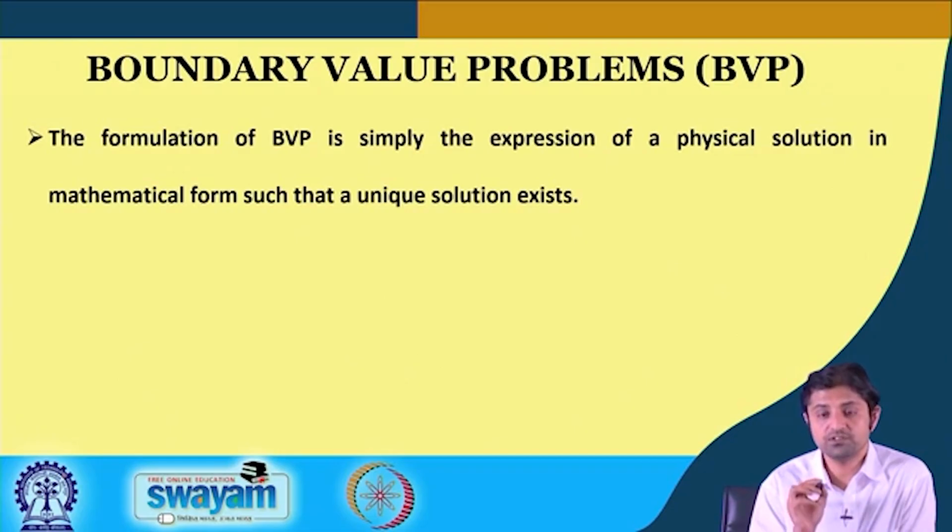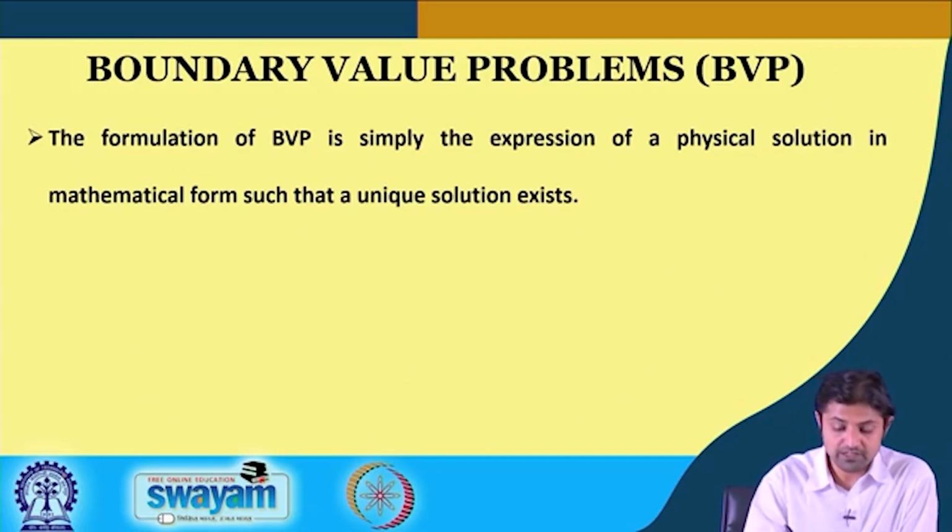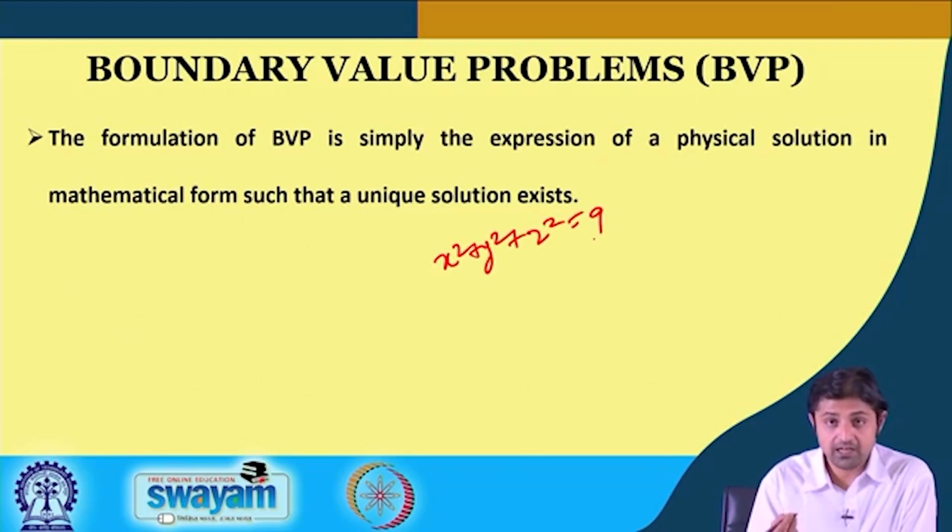There cannot be any other solution. Let us say we specify x square plus y square plus z square is equal to 9, and as a sort of boundary value we say that y is 3.